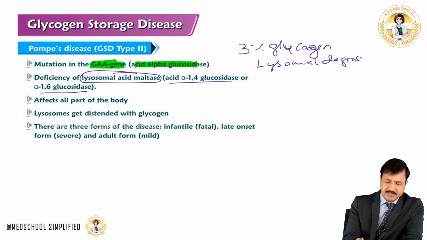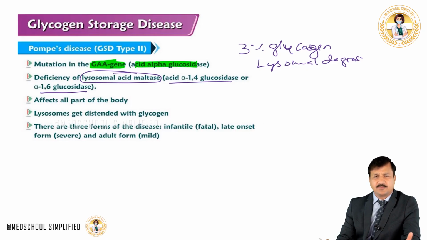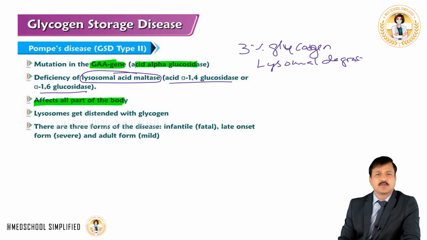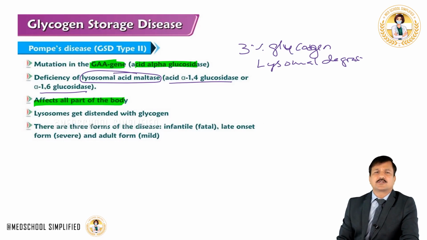Now, Pompe disease, since it is affecting lysosomal acid hydrolases involved in glycogen degradation, and since lysosomes are ubiquitous, present in all cells of our body except red blood cells, it affects all parts of the body. Only thing is, some organs are more severely affected than other organs depending on the glycogen quantity in those organs.